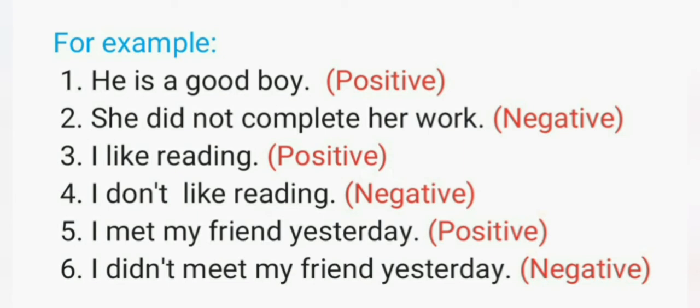She did not complete her work. You can see this sentence also tells us something. And here we have words did not. It shows that it is a negative sentence. And the structure is also same, subject, verb and object.